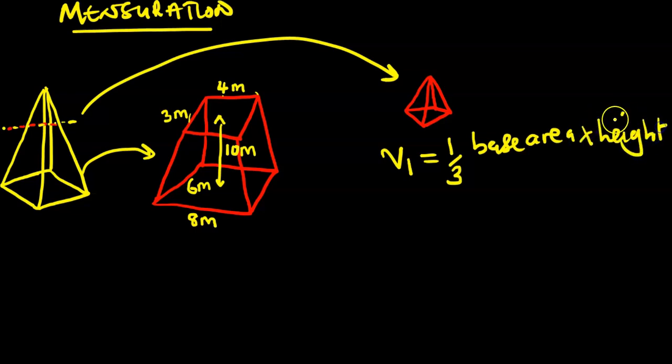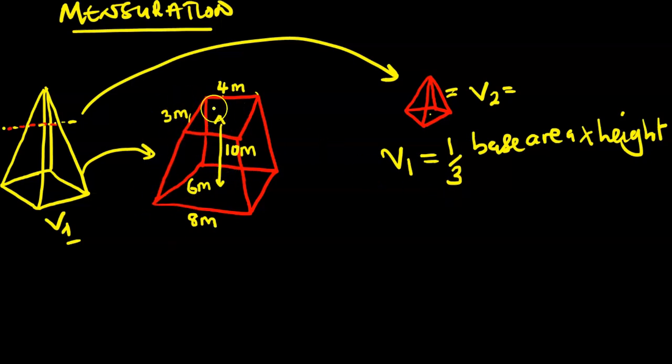We put volume 1 for the big pyramid. Now, after it was cut, there is a small one, which is this one. So you find the volume of the big one before it was cut, that is your volume 1. And now you also find the volume of the piece that was cut, that is your volume 2. After you found this, you subtract volume 1 minus volume 2. That is the volume of the frustum.